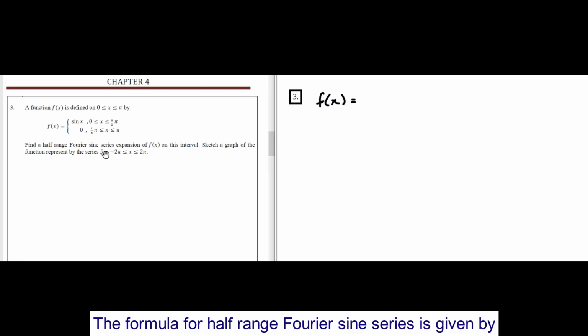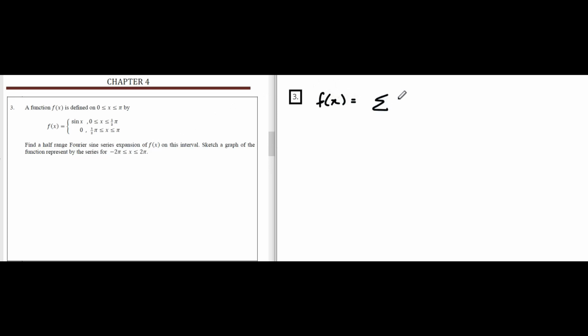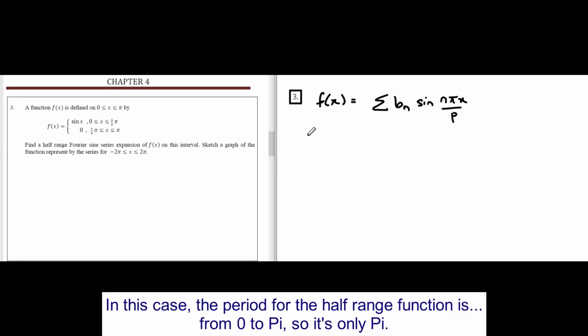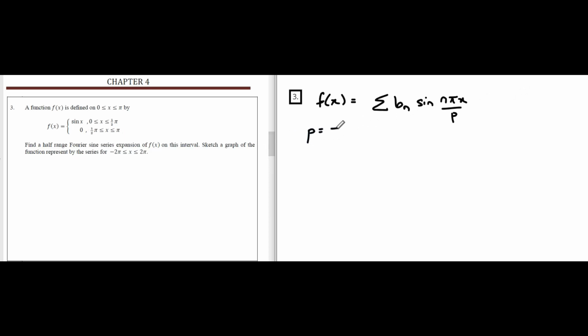The formula for half-range Fourier sine series is given by. In this case, the period for the half-range function is from 0 to pi, so it's only pi.